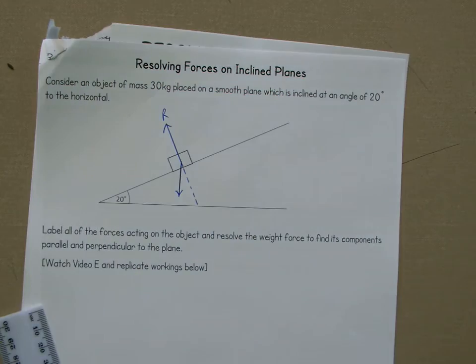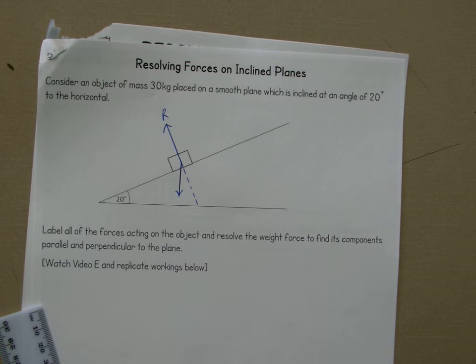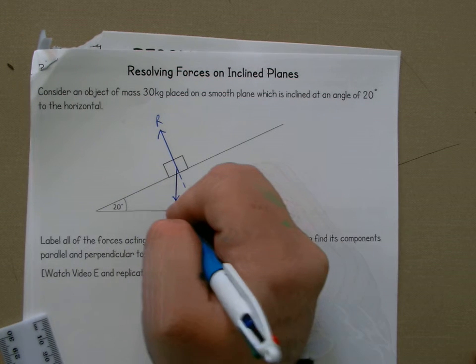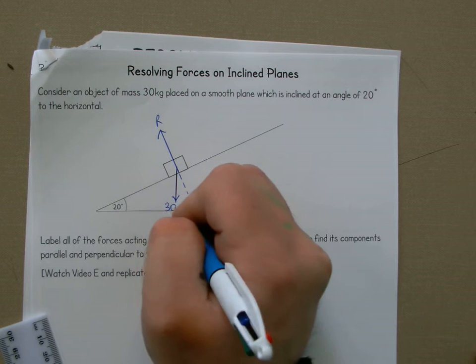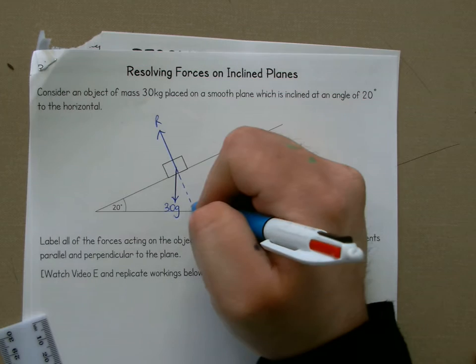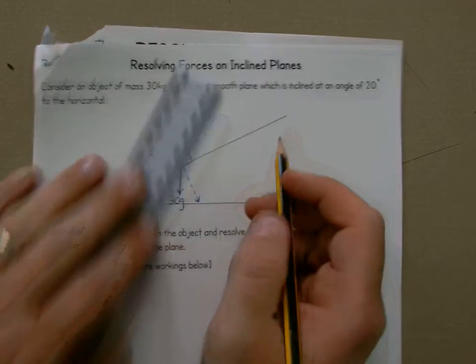Because what you'll find then is we can use this line to work out the weight component. So the weight, of course, if we fill this in, it's 30 kilograms mass, so the weight will be mass times gravity, and we can then find what the component is perpendicular to the plane and parallel to the plane.